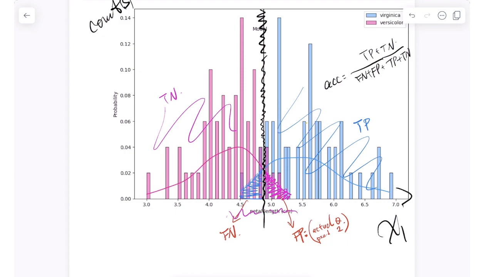But as we mentioned, it is not necessary for your application to find the highest accuracy. Sometimes we will move this boundary line to either side. Take this for example. If we have a new boundary line, right here, as you can see, the area of false positive becomes larger, right?